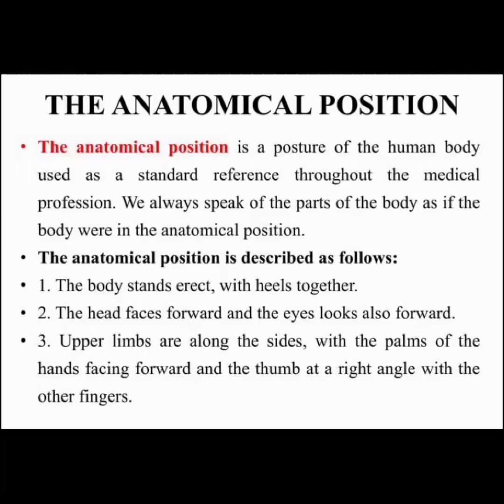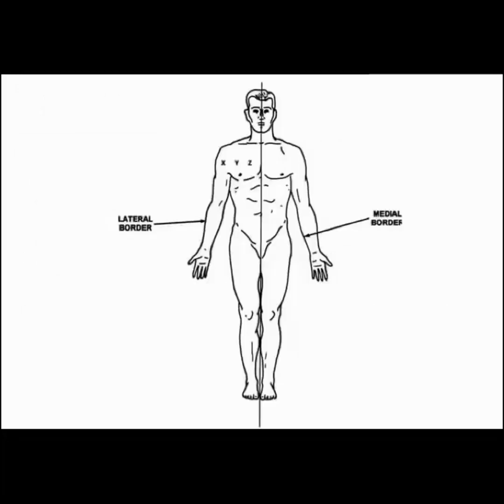Second, the head faces forward and the eyes look forward. Third, the upper limbs are along the sides with the palms of the hands facing forward and the thumb at a right angle with the other fingers. So this is the normal human anatomical position.